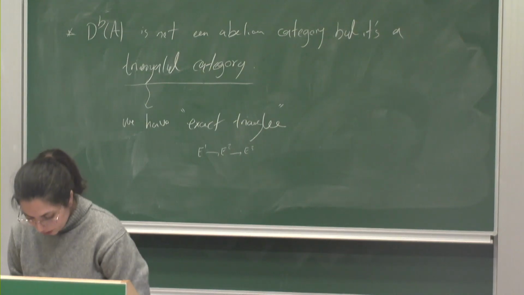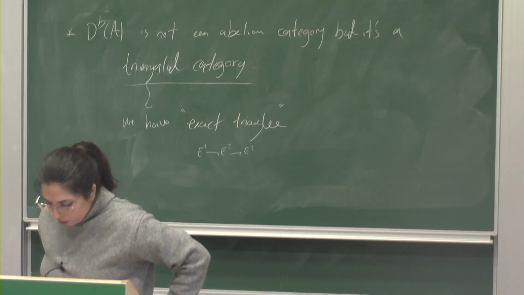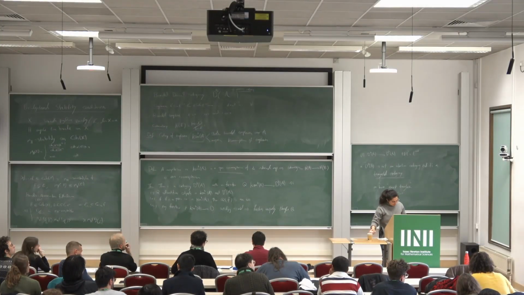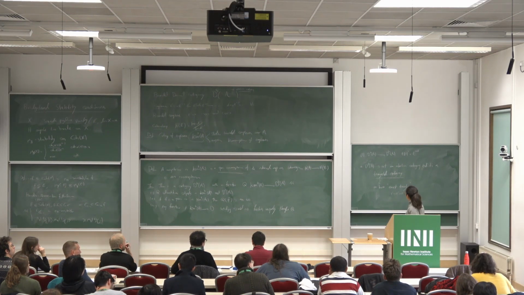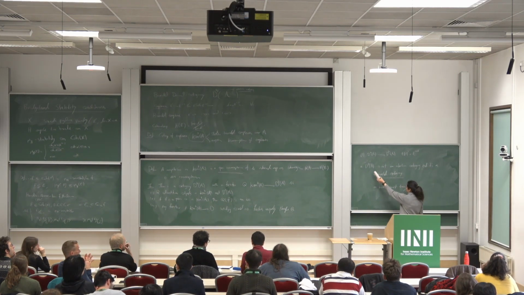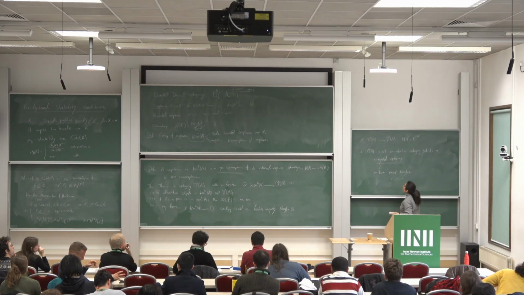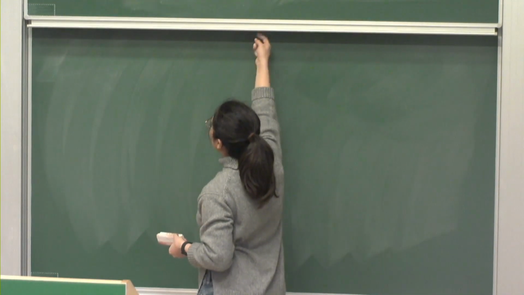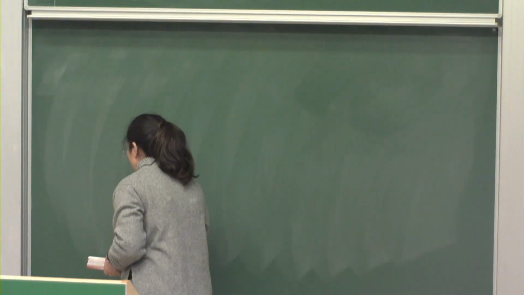Okay, so if there is no question, I want to go to the notion of Bridgeland stability condition. This is data which is defined on a triangulated category.